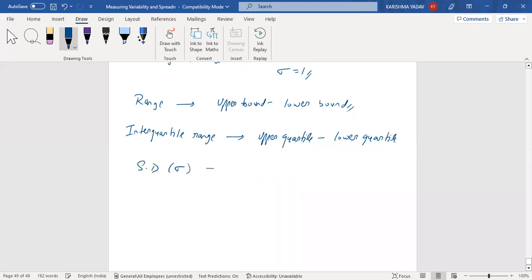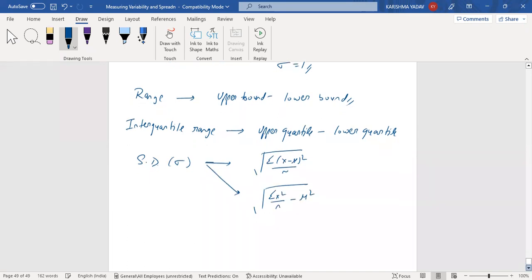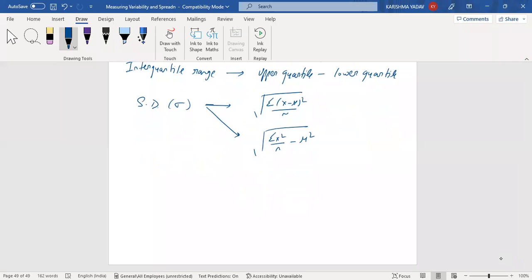That is sigma, which is the root of sigma of (x minus mu) whole squared divided by n. The second formula is the root of sigma x squared divided by n, minus mu squared. The standard score is z equals x minus mu divided by sigma.